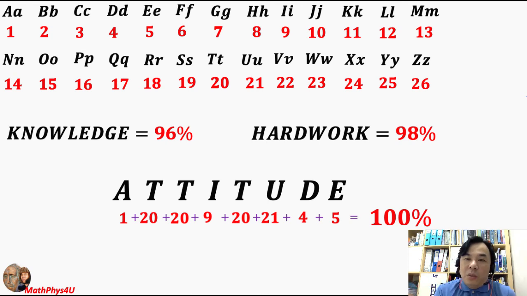So attitude really means a lot of things in our life. It does say everything here, 100% significant as compared to knowledge and hard work. Isn't that a coincidence then? Yes, right? So do think about that.